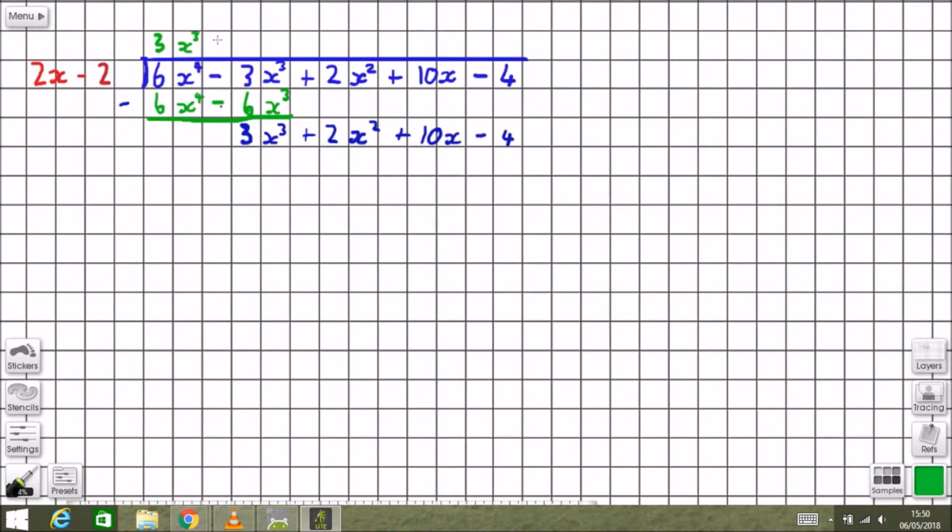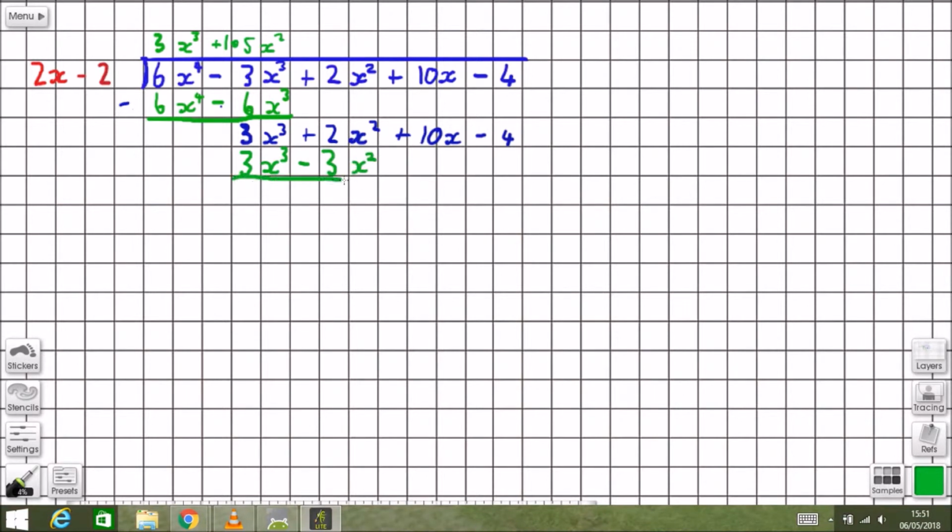How many times do I have to multiply 2x to get 3x cubed? Well, it's going to be 1.5x squared. Multiply that by the red term. 1.5x squared times 2x is 3x cubed. 1.5x squared times negative 2 will give us negative 3x squared.